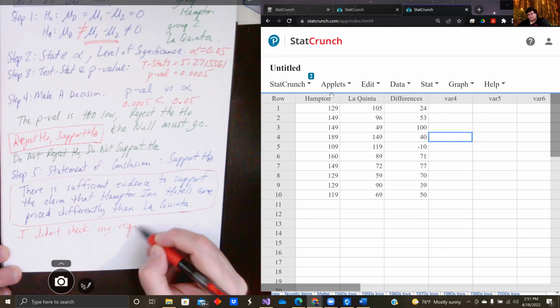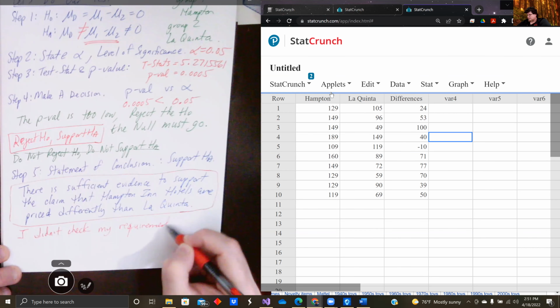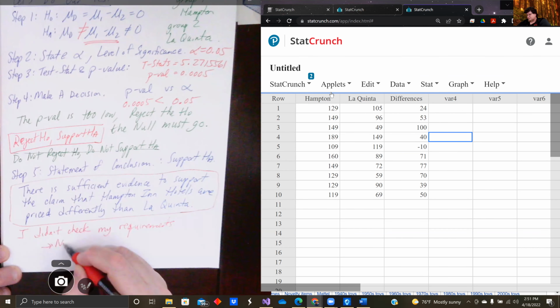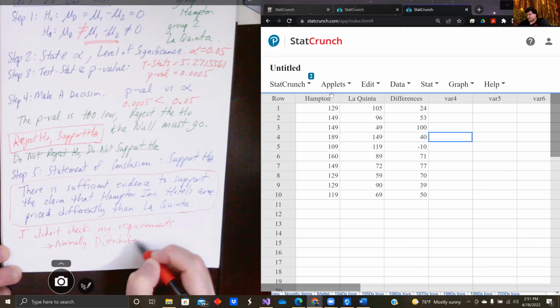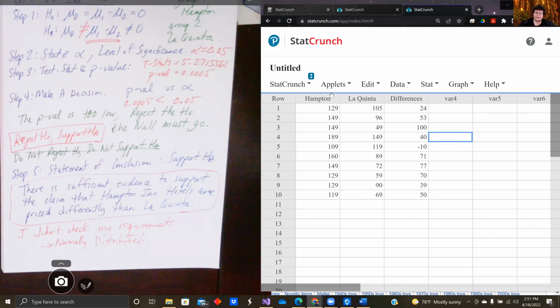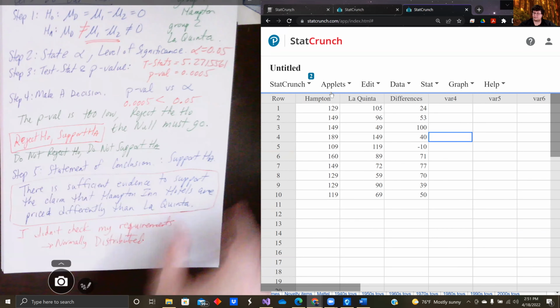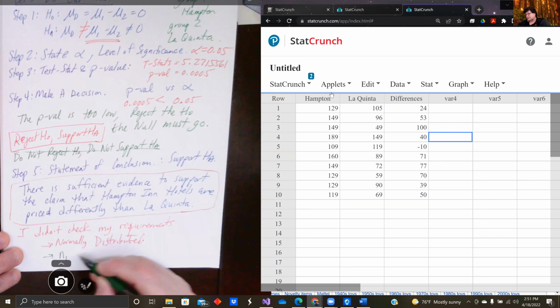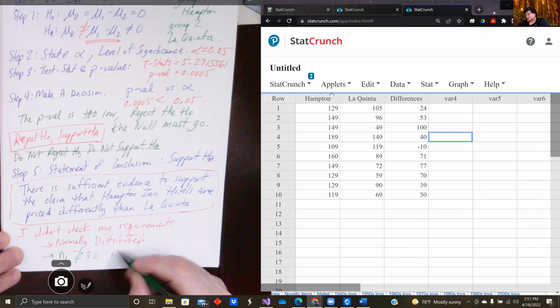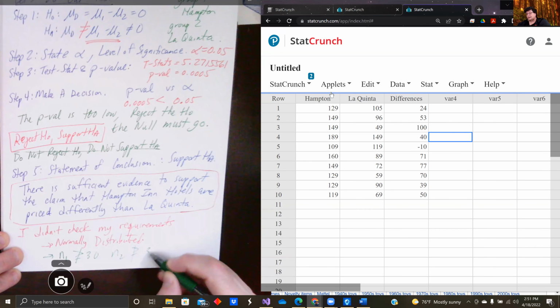Assumptions or requirements. Normally distributed. And the problem didn't say anything about that. So we got to look at our sample size. Are the sample sizes bigger than 30? No, they're not. So N1 is not greater than 30. N2 is not greater than or equal to 30.